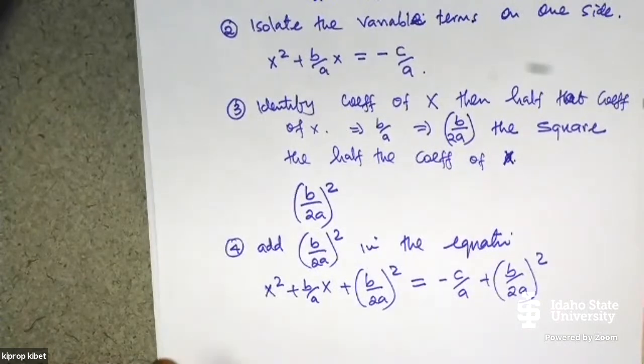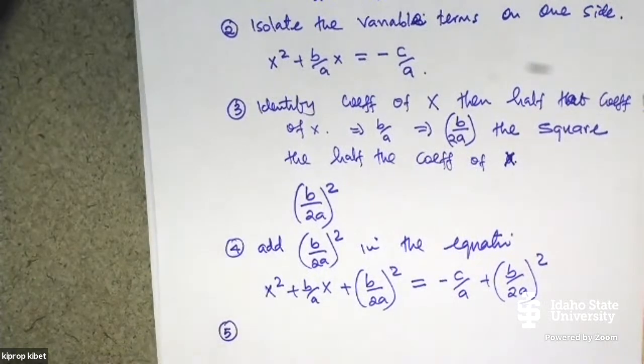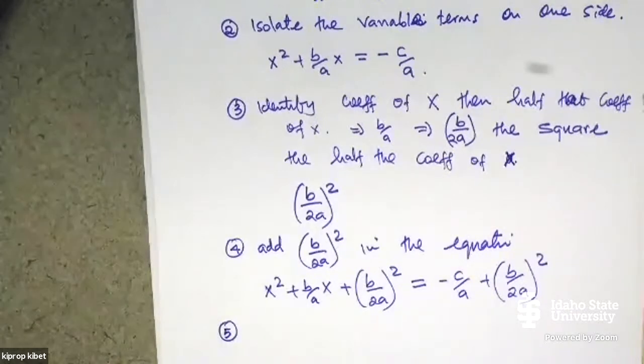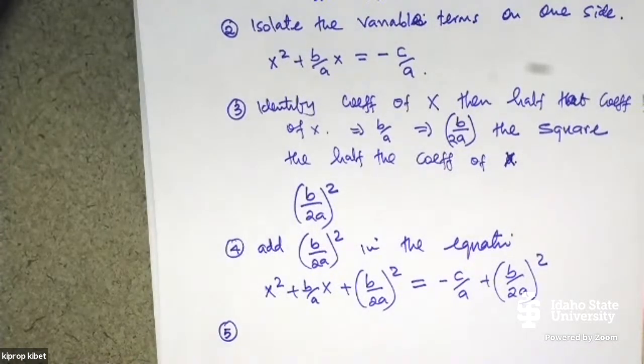Then what is the fifth? Now you check the left-hand side, and you see that it is a perfect square trinomial.